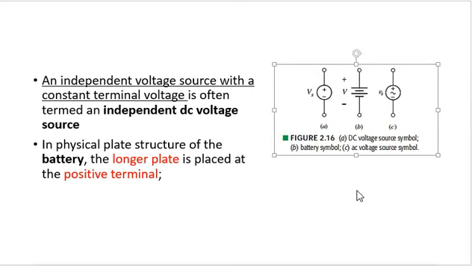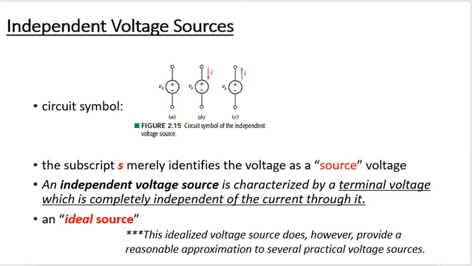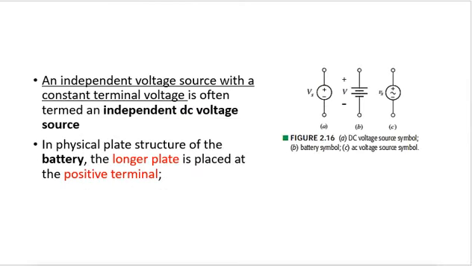Okay, pero valid na lang yun, yung mga representation na yun, for current less than 20 ampere. Kasi pag masyado nang mataas yung current requirement, medyo nagkakaroon ng voltage drop. Kaya nag-change na siya. So, hindi na ideal, in that case, yung ating voltage source. Okay?